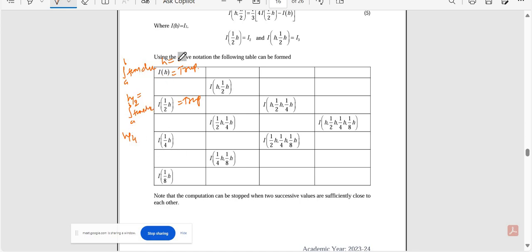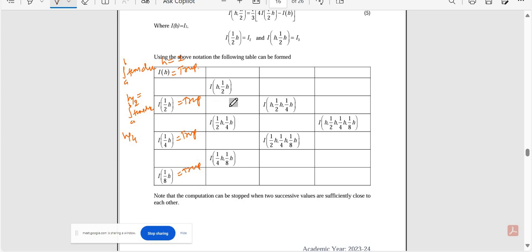That means h upon 2 raised to 0, h upon 2 raised to 1, h upon 2 raised to 2, h upon 2 raised to 3, and so on. In the first column you take the help of only the trapezoidal rule. You find all these values with the trapezoidal rule. Is it clear for the first column, everybody?